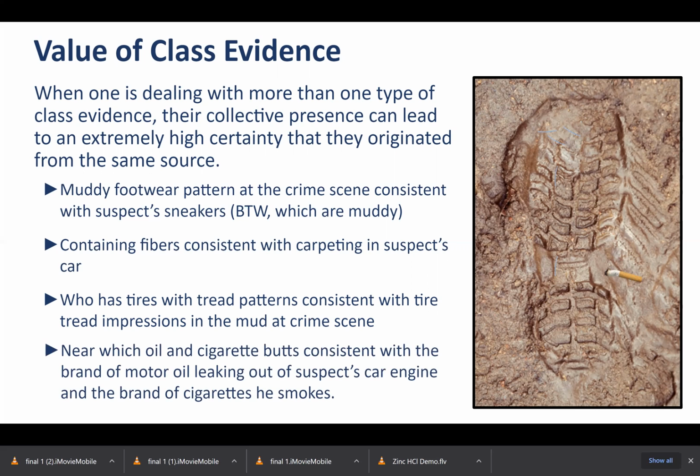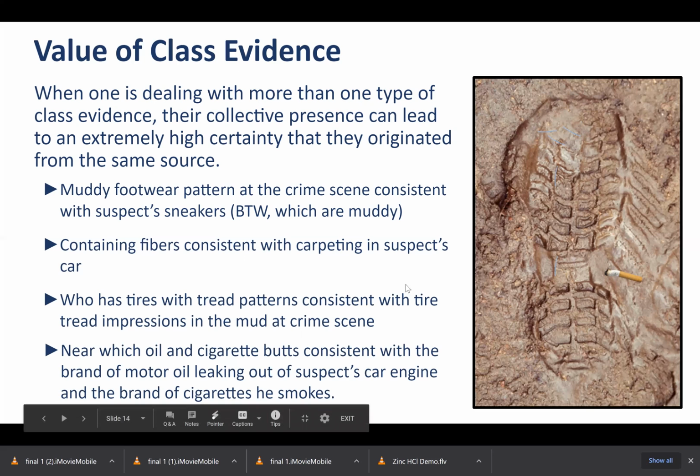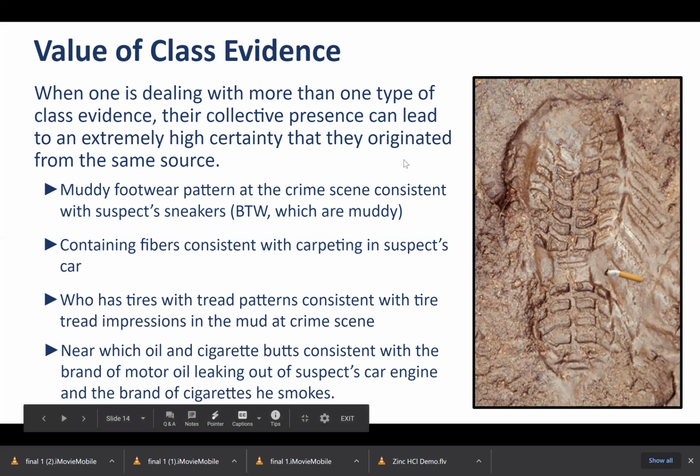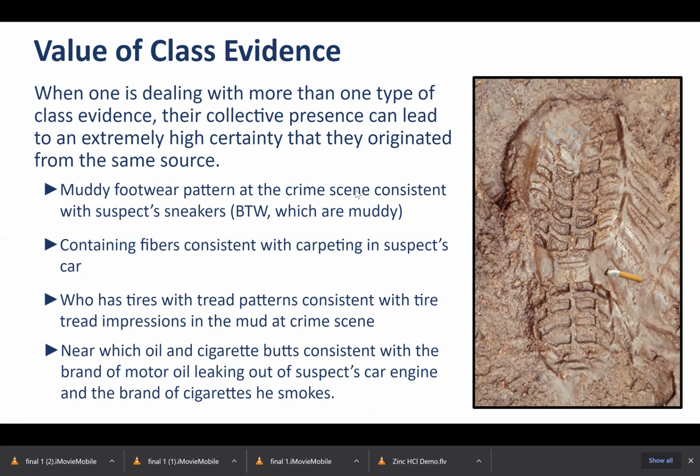And then also nearby, oil and cigarette butts consistent with the brand of motor oil leaking out of the suspect's car engine and the brand of cigarettes that the suspect smokes. So there are 4 different things, each individual one taken by itself, you can't say with a high degree of probability that the suspect was at the crime scene. But when you take them all 4 together, it seems like it's a pretty good chance that that could happen.